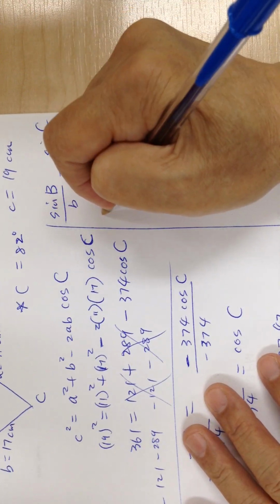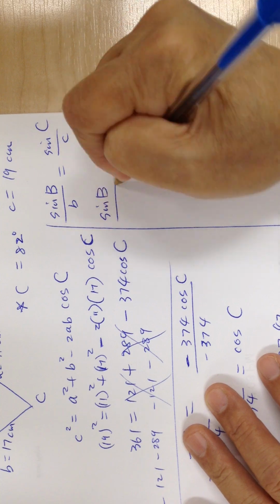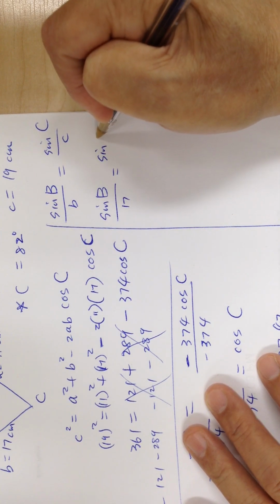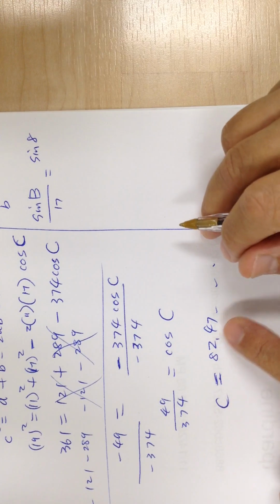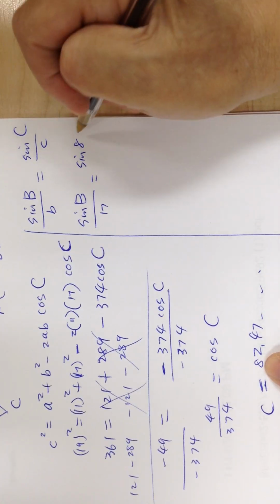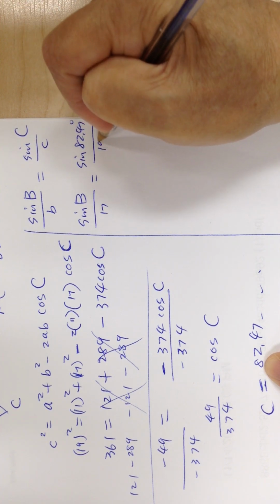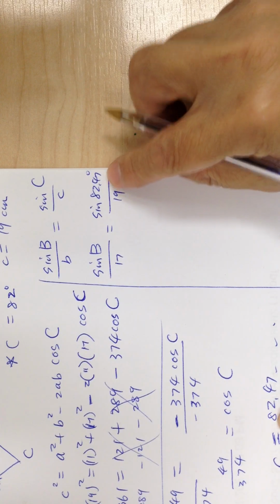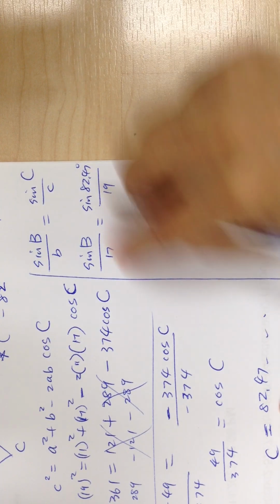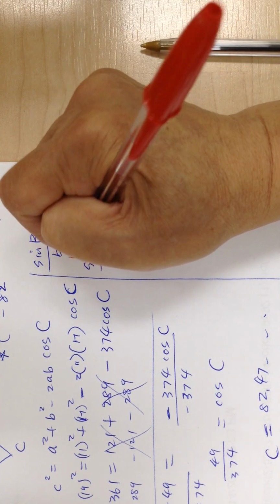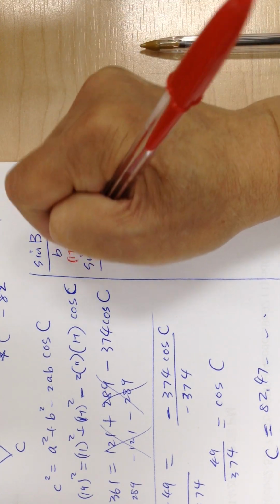So you're going to get sine B over 17 equal to sine of, I'm going to put extra digits, 82.47 degrees over 19. Again, you want to carry extra digits so that your answer is not going to be off by too much. Okay, so you go ahead and multiply by 17, so cross out.